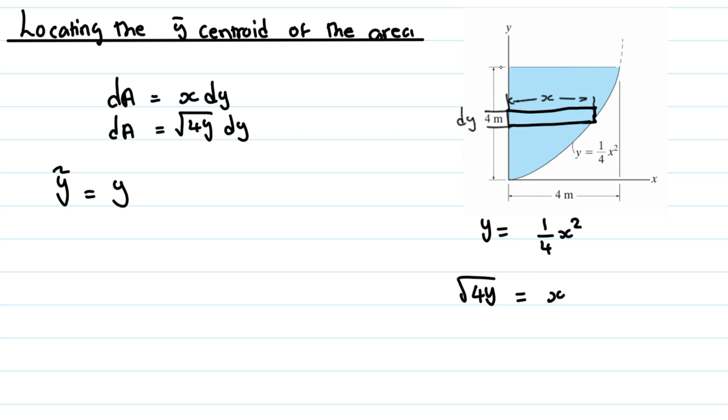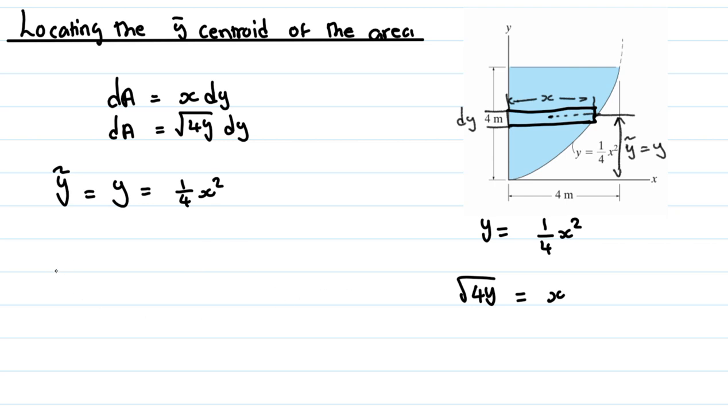We have something like this: the distance from there to there is just equal to y. So that is that center. And we know what y is: this equation right here, which is equal to 1 over 4 x squared.